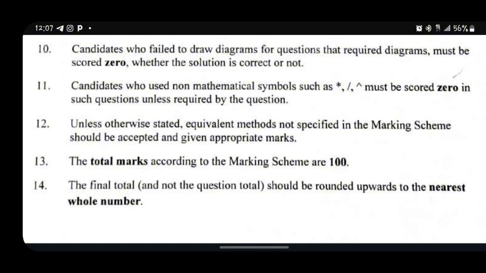In part 1, you have 5 compulsory questions with 8 marks each, so 8 times 5 gives you 40. Then in part 2, you have 8 questions to answer 5, and each question answered carries 12 marks. 12 times 5 gives us 60, so 60 plus 40 equals 100.